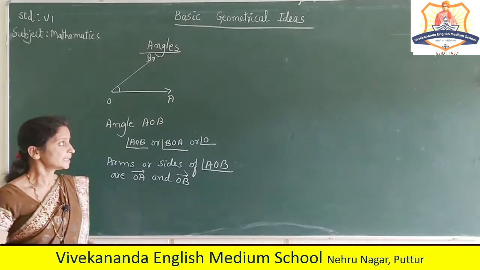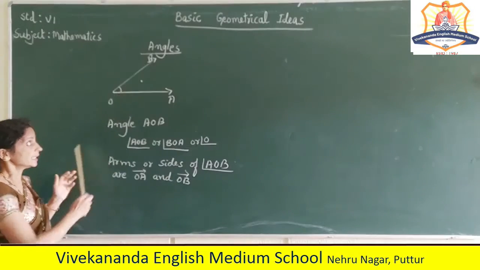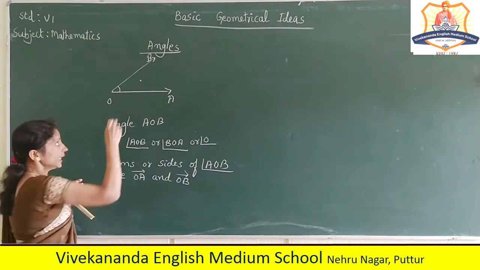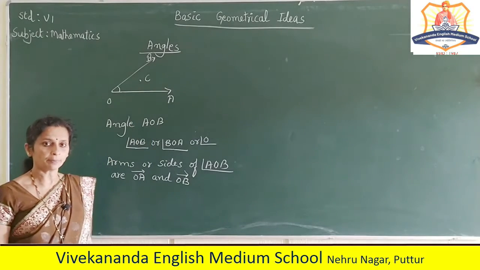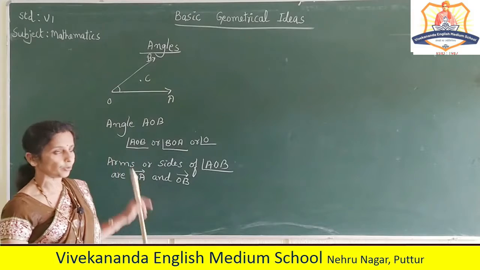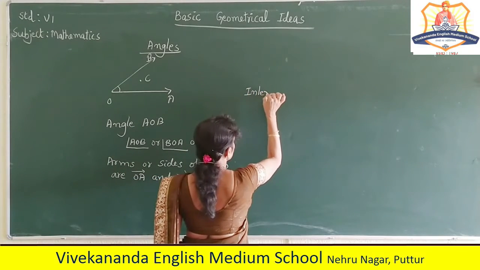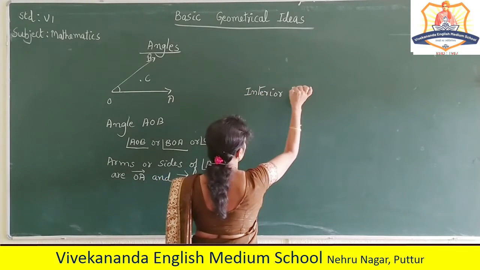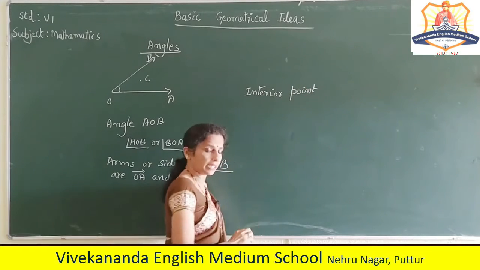Now, if there is a point inside the angle AOB, let this point be C. We call the point C an interior point of the angle AOB. What is an interior point? An interior point is a point which is inside the angle.